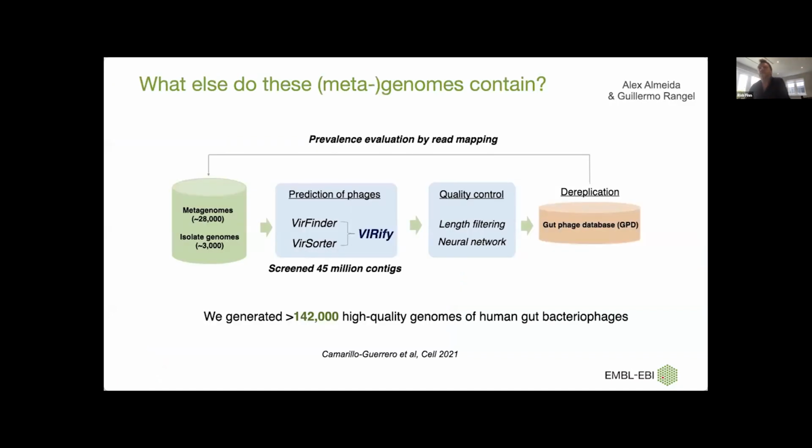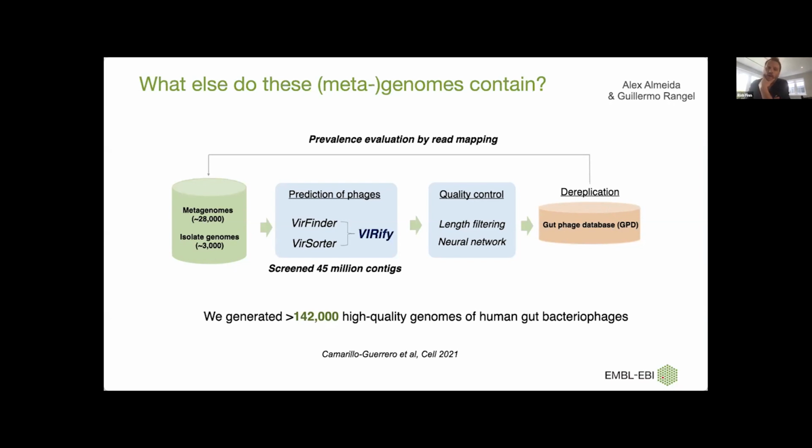So I'm now turning to what's immediately coming available in MGnify. And so this really comes back to the research group. Having established that bacterial catalog, we were interested in the viral component, particularly the phages.